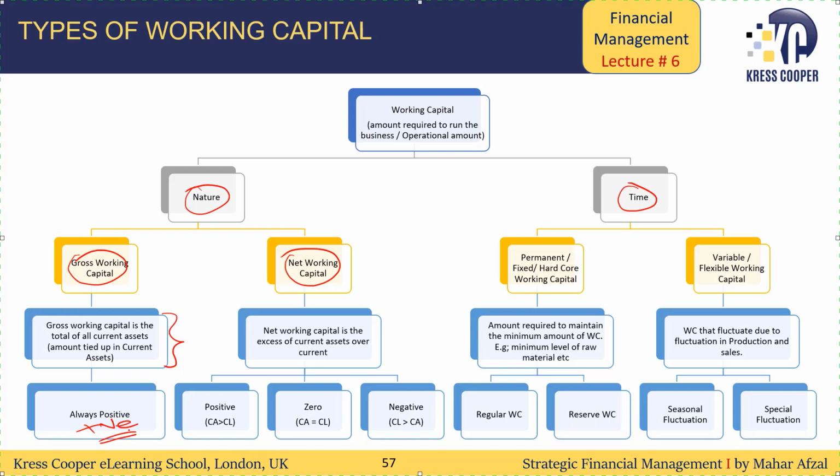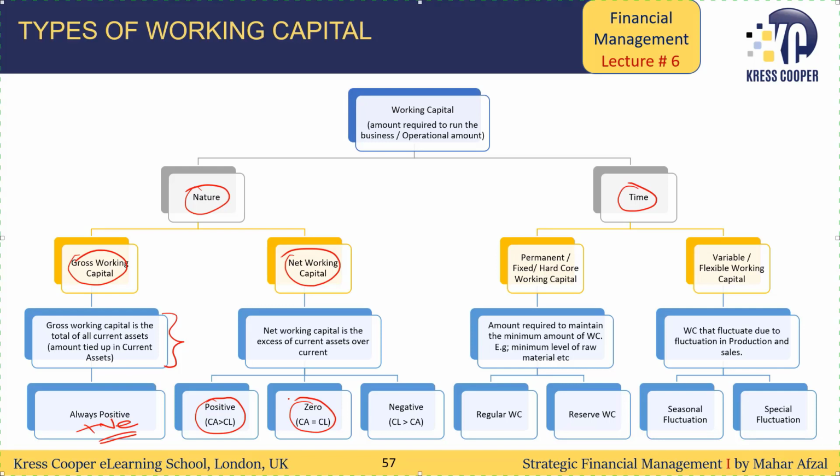If the current assets are greater than current liabilities, then it will be a very positive situation. If the current assets are equal to current liabilities, net working capital will be zero. The entity will be able to meet its short-term obligations, but we will be required to maintain tight control to collect the money on a timely basis.